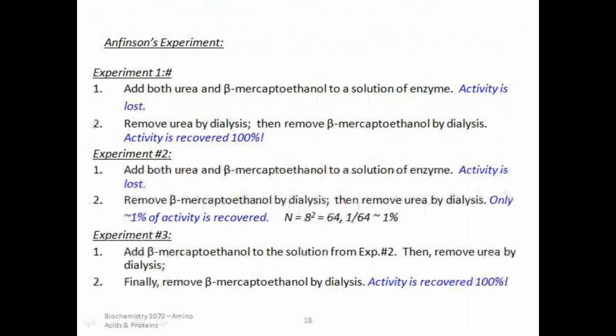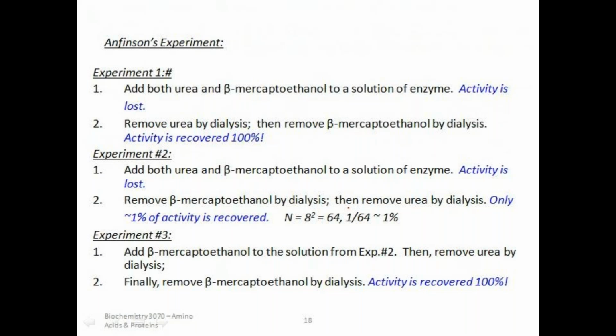In the first experiment, he added both urea and beta mercaptoethanol to a solution of the ribonuclease enzyme. Both bonds are broken, which means the activity of that enzyme is lost.